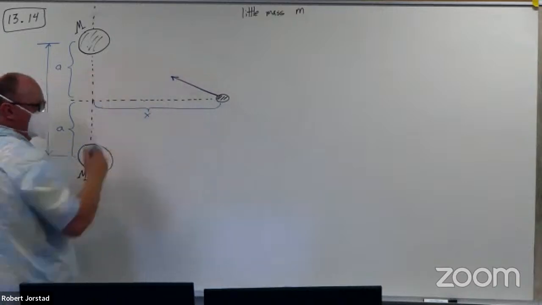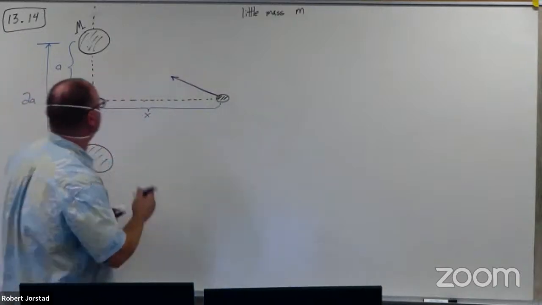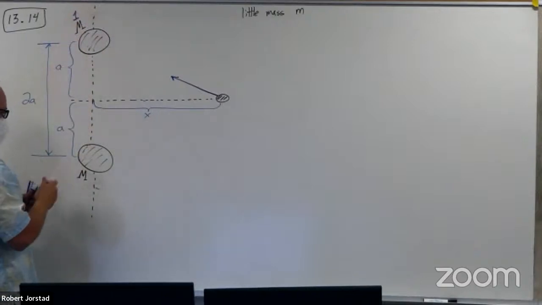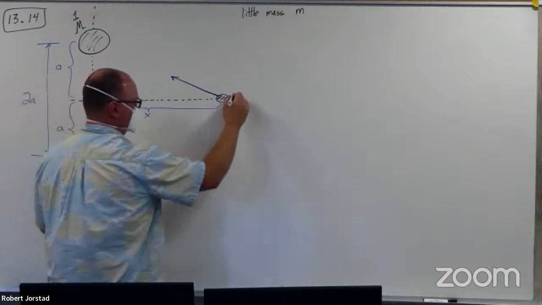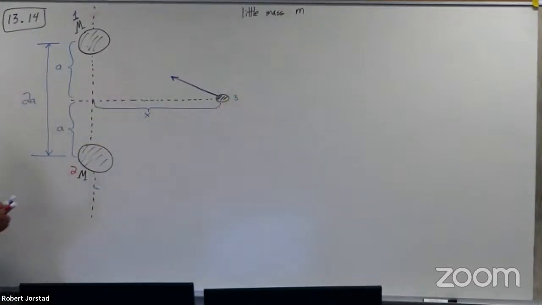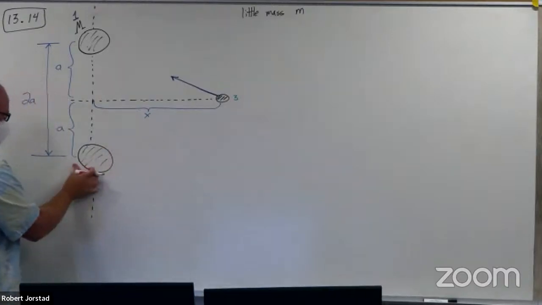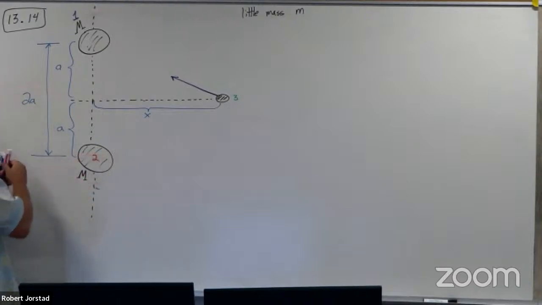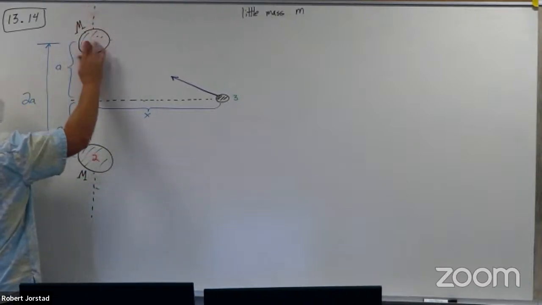We could give them numbers. Usually I would say this is mass number 1. Let's say this is mass number 2. And over here, let's say this is mass 3. So mass 2, whoops, that looks like 2m. I don't want it to be 2m. How about I make one like that? Sorry about that.